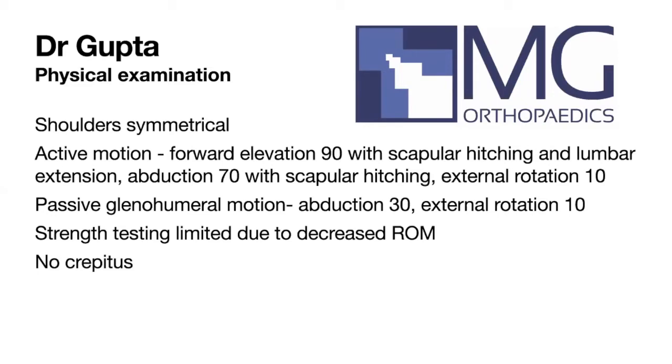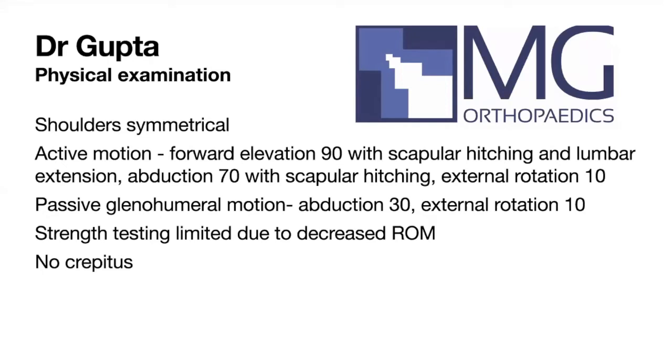So it's not a normal, natural movement. You can see the struggle on her face. When you ask her to laterally raise the arm, again, she hitches the shoulder and she gets it up, not even to shoulder height. And when I asked her to externally rotate the arm, she can only achieve 10 degrees, where the other side she achieves a normal 80 degrees.